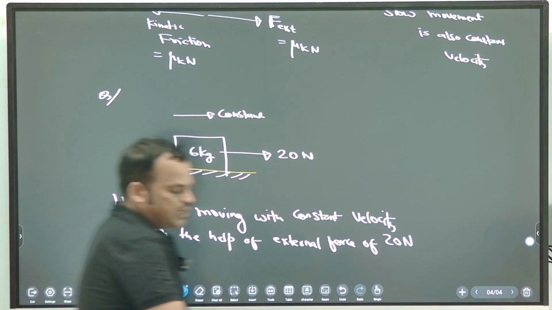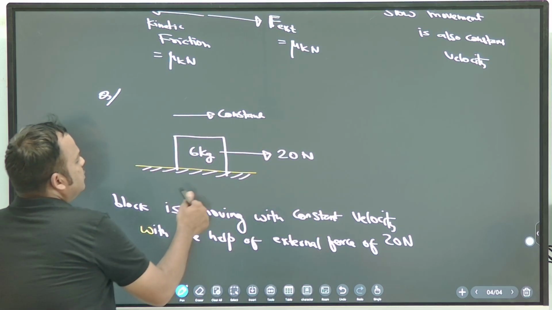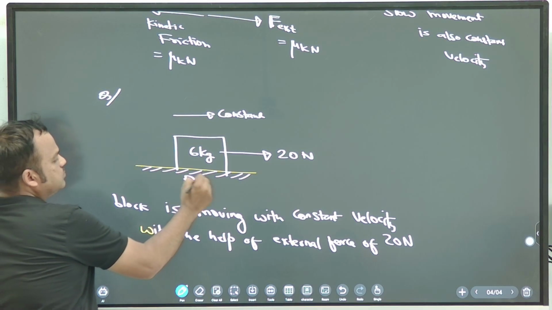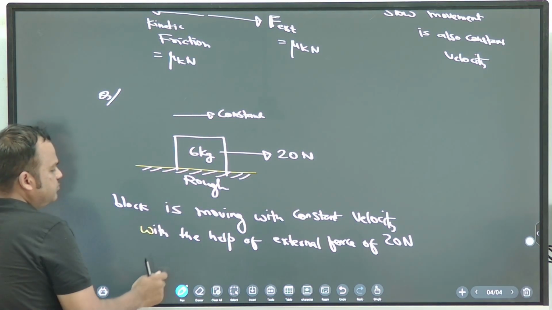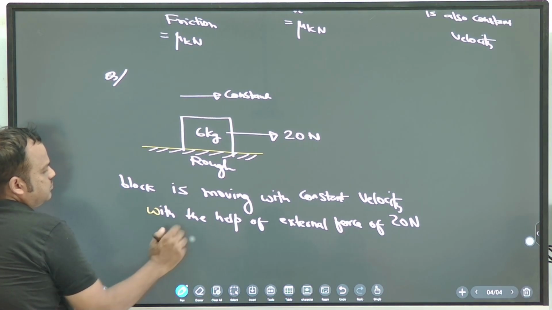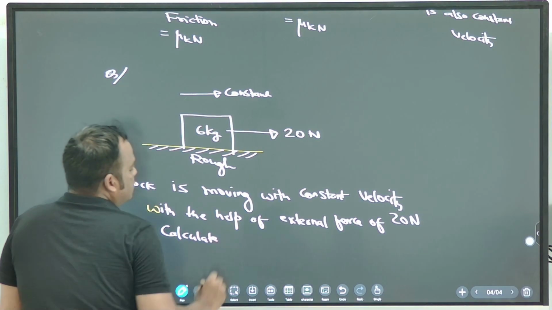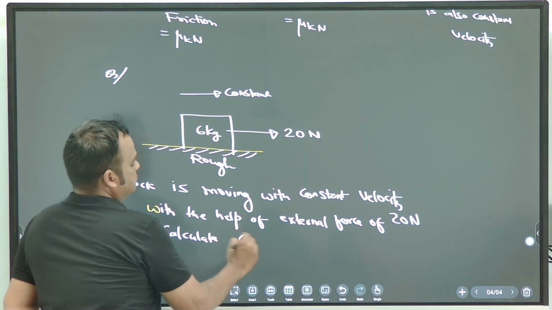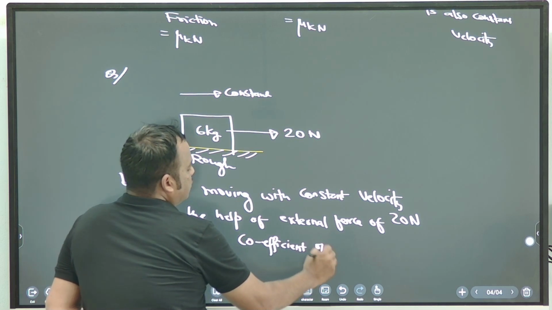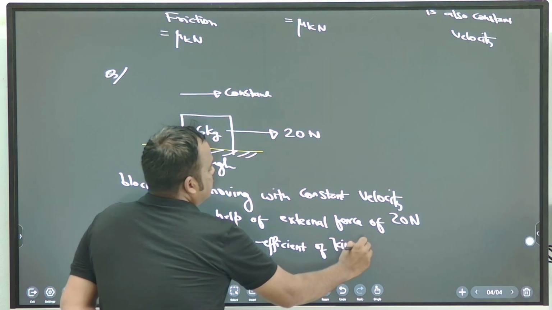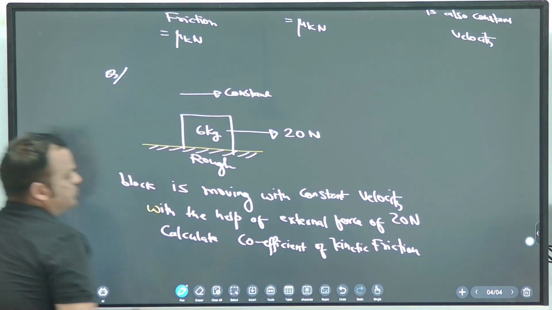Like this, I am exerting 20 Newton force. Surface is rough. Velocity is constant. Now calculate coefficient of kinetic friction.